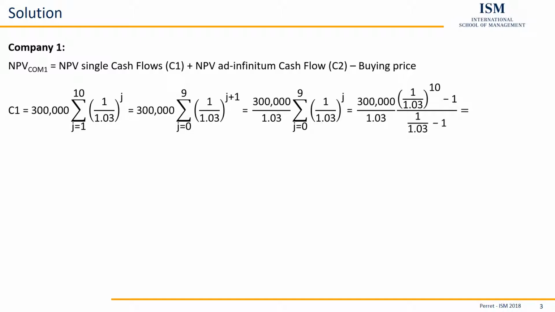What I'm doing here is recalling that this is a discounting taking place with a specific pattern. For the first period, I discount once, so I divide by 1.03 to the power of 1. The value for the second year, I discount twice, so the index here is to the power of 2.